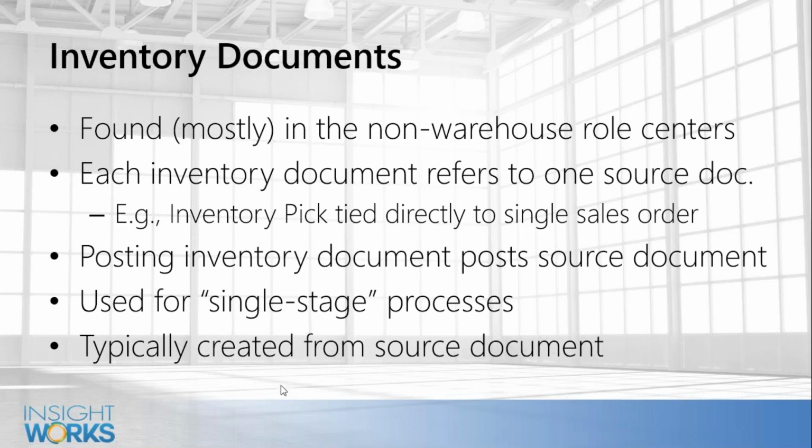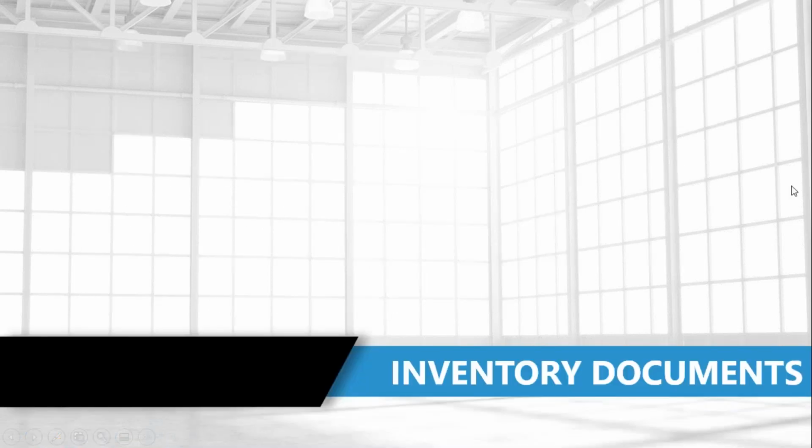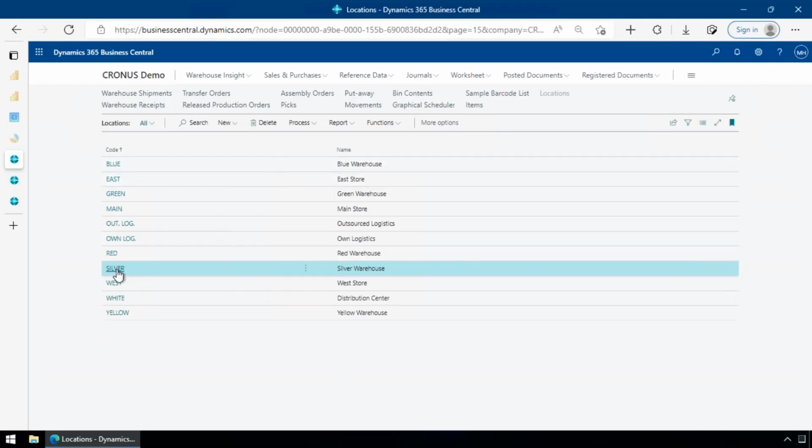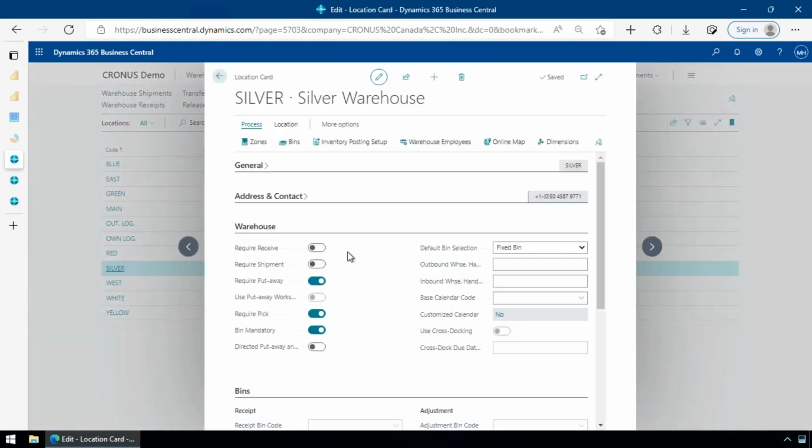Okay, and we usually create those inventory documents right from the source document. So if I'm on a sales order, I'll create the inventory pick right from the sales order, though you can create it independently as well. All right, so let's actually see what that looks like. So again, we've set up the silver location here. I've got require pick turned on, which means I can create an inventory pick for sales orders.